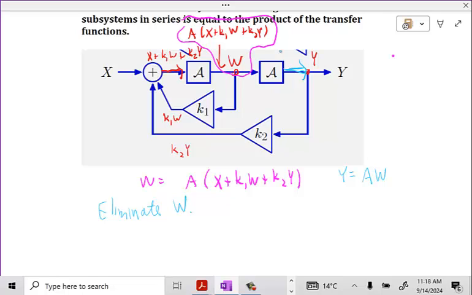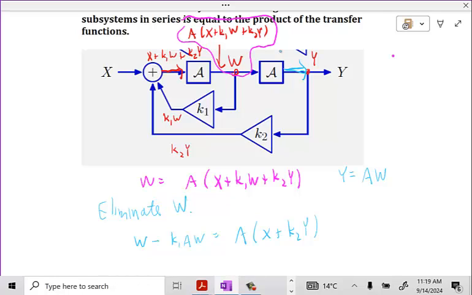So if we solve this first equation for W, putting W on one side, I'm going to get W minus K1AW equals AX plus K2Y.